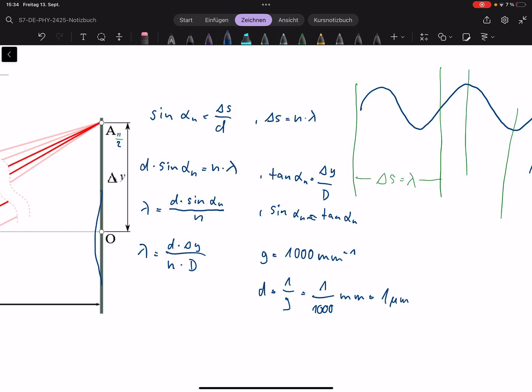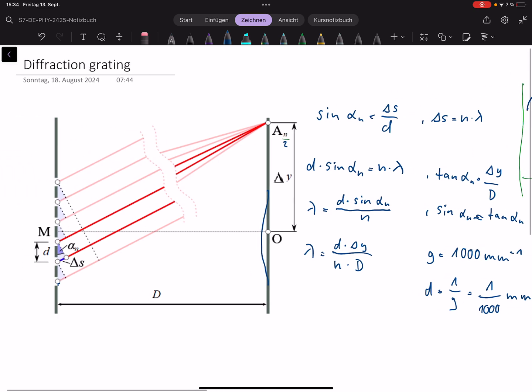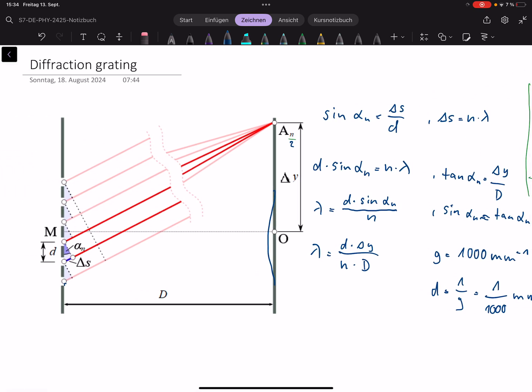Yeah, this is a typical slit separation space. So yeah, that was the whole idea to derive this formula.